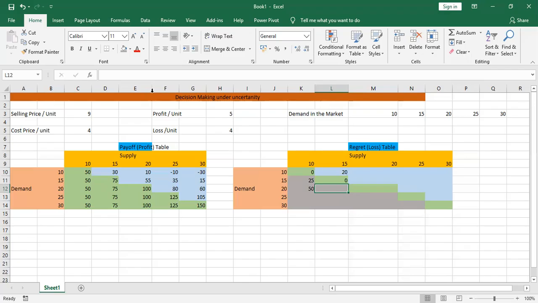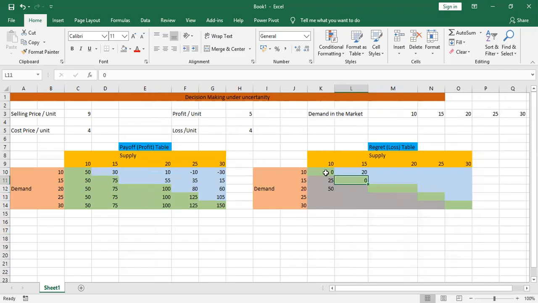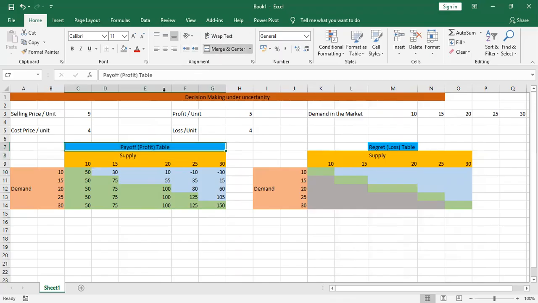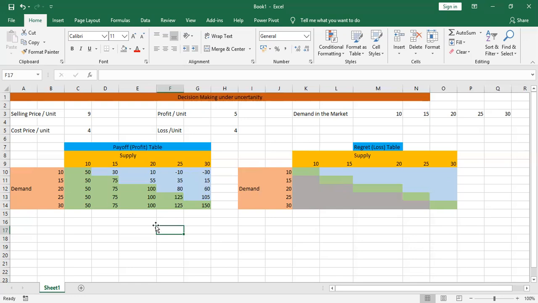Right, everyone? Now look here. It is a little bit tough to calculate, but I have one method. What is that method? We have the payoff table, and what will we do in the payoff table? You just find the maximum value in the first row.